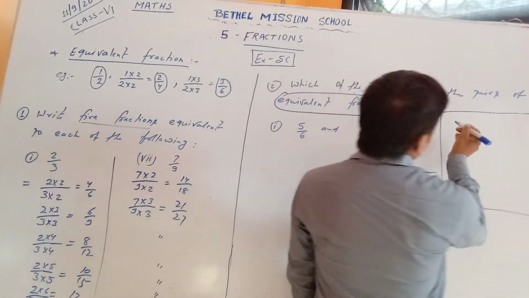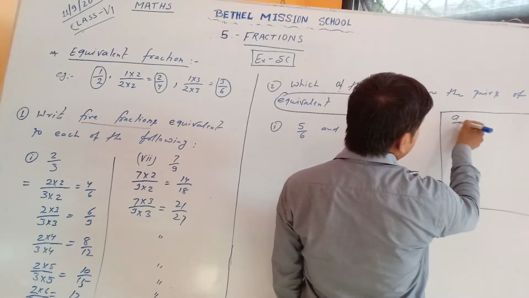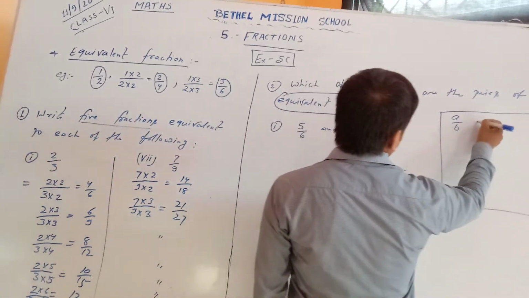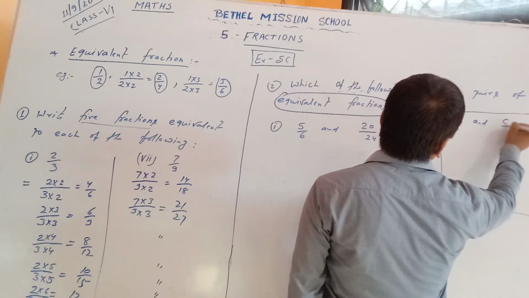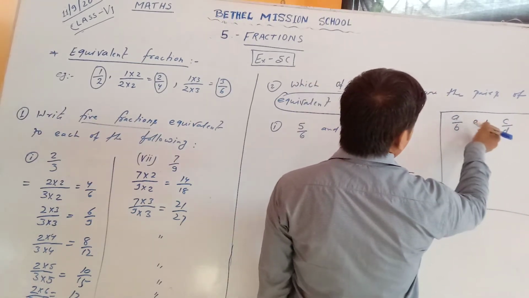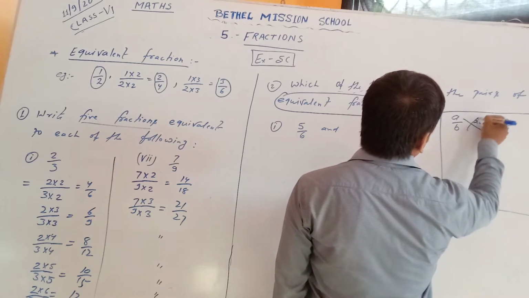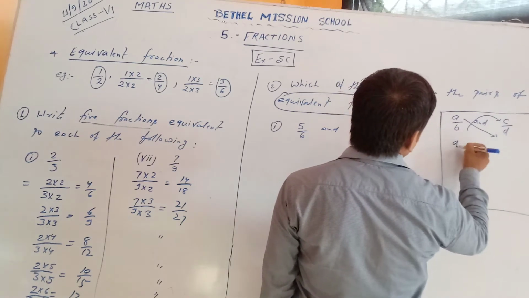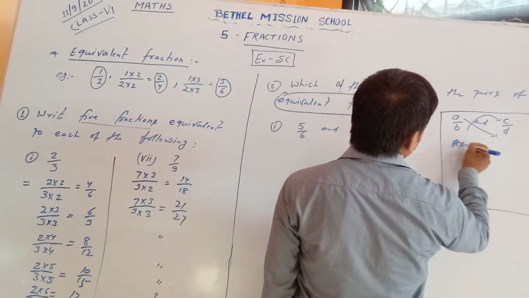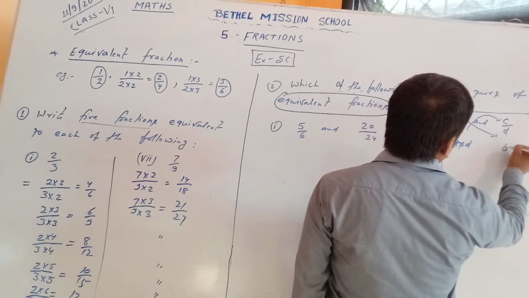The rule says that if there is a fraction a/b and another fraction c/d, then both will be equal after taking the cross product. Multiply a into d and b into c.